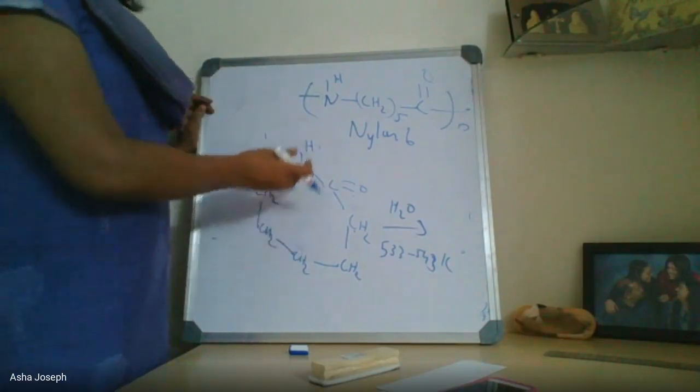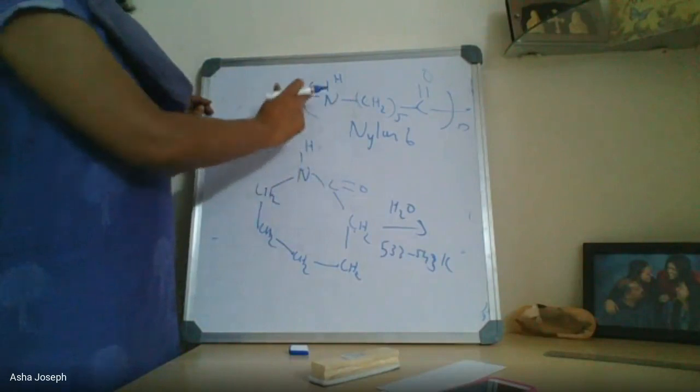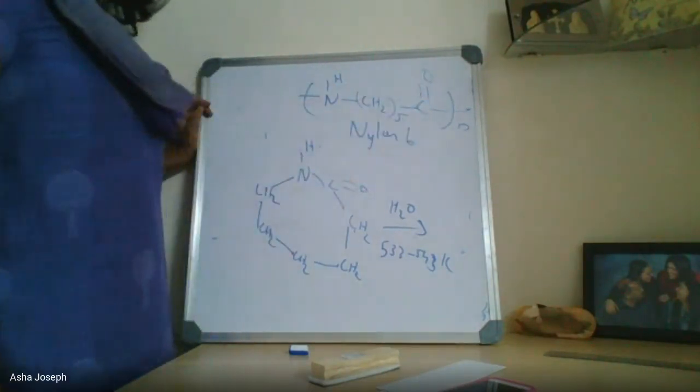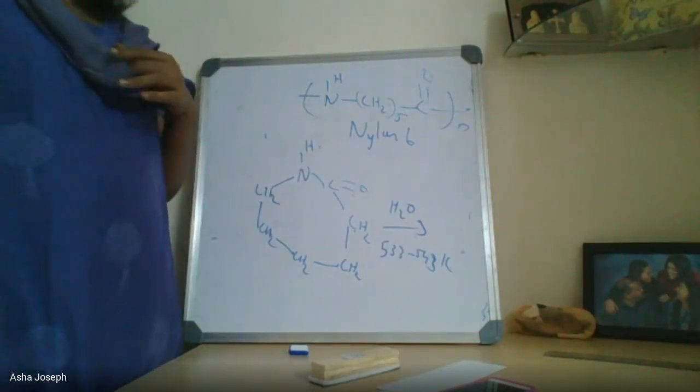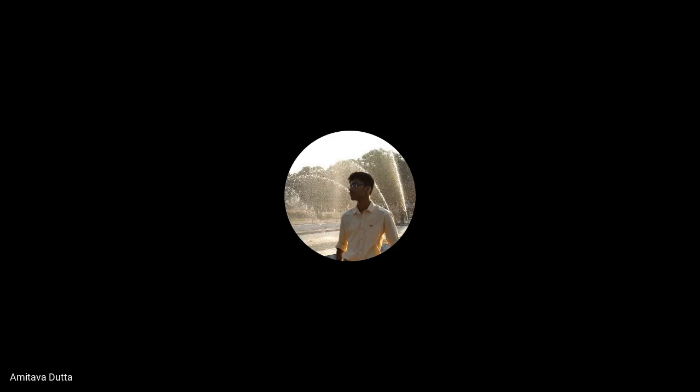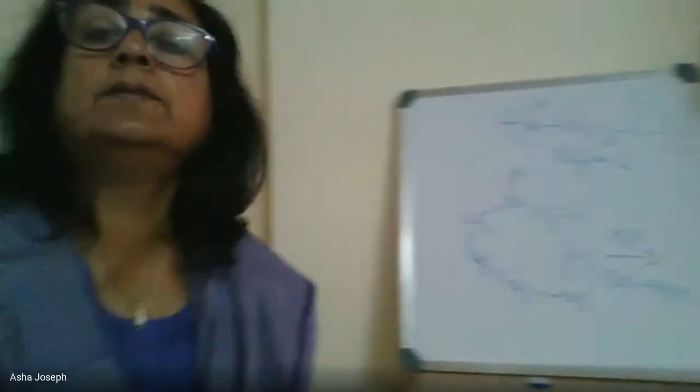And polymer means this is opening up: NH, then CH2 5 times, CO, n times. This you have to learn by heart, the structure and the polymer. Prashant, is it okay?